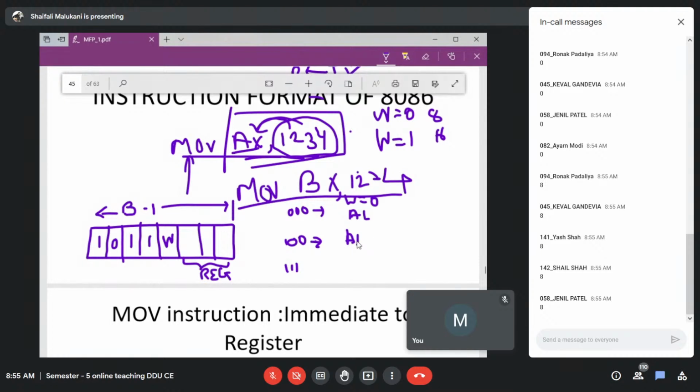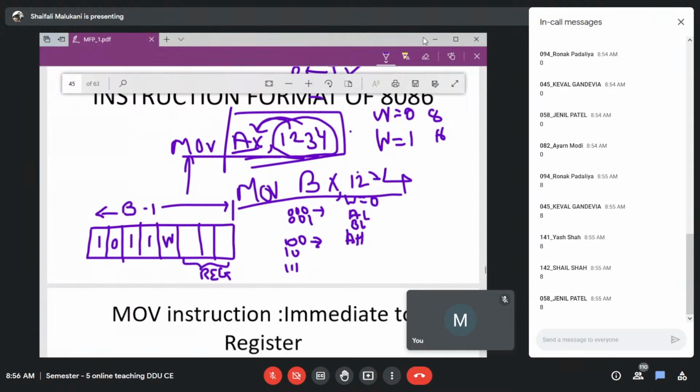Why AL and AH? Because W is 0, that is an 8-bit operation, right? Same way, 001 will indicate BL and 101 will indicate BH.